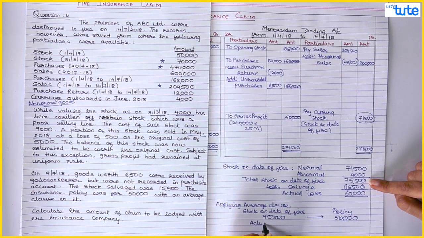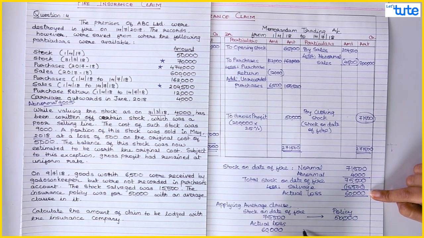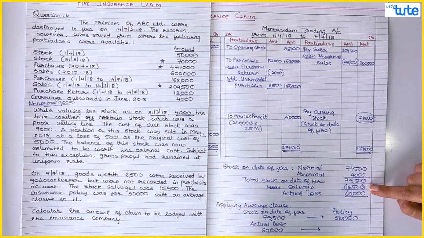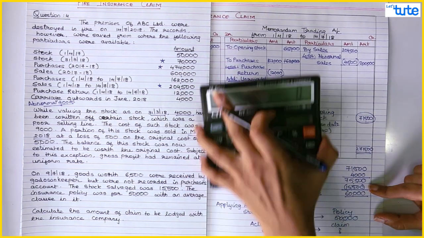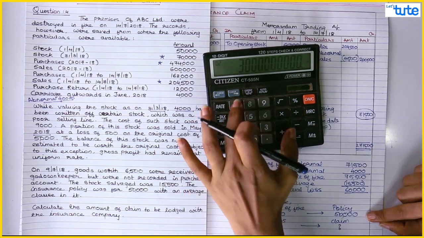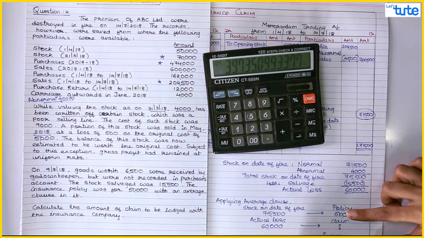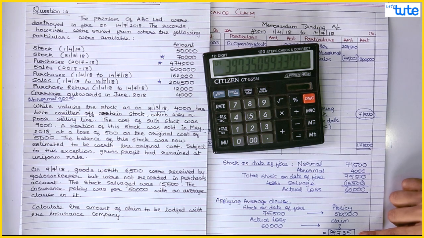So for the actual loss suffered by the company of 60,000, because 15,500 could be saved, how much would be the claim amount? So cross multiply: 60,000 into 50,000 divided by 75,500. So this comes to 39,735. This is your claim value. So guys, you understood this.